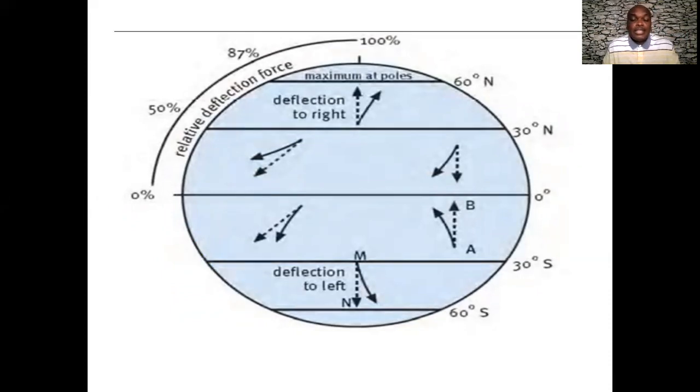So in other words, the Coriolis force is responsible for wind deflection to the right in the northern hemisphere and for wind deflection to the left in the southern hemisphere, as you can clearly see from this diagram.